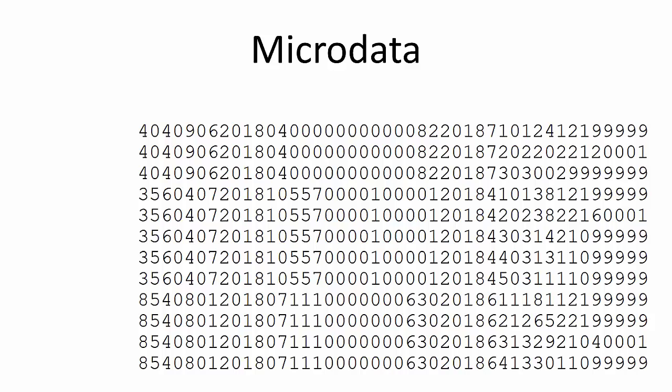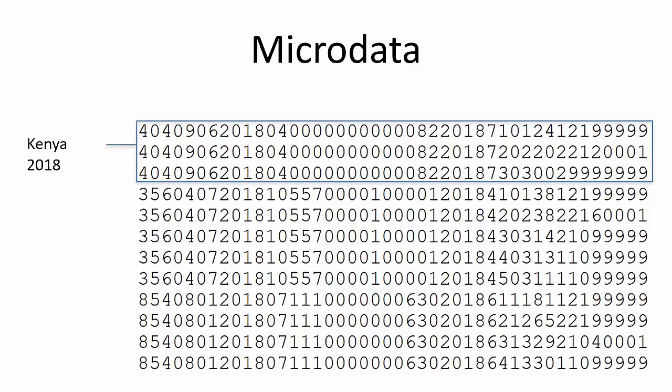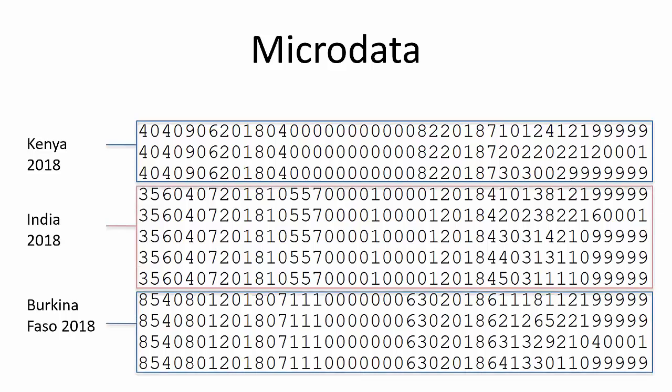Here's an example of IPUMS PMA fixed width data, as if you had opened a data file in a program such as TextPad. In an IPUMS PMA file, you can pool many samples together. In this example file, we have a family of 3 in Kenya, a family of 5 in India, and a family of 4 from Burkina Faso.